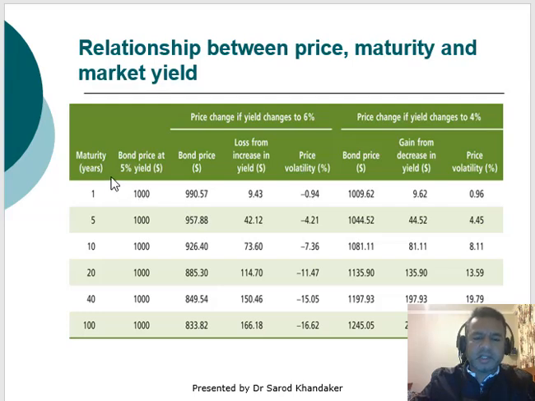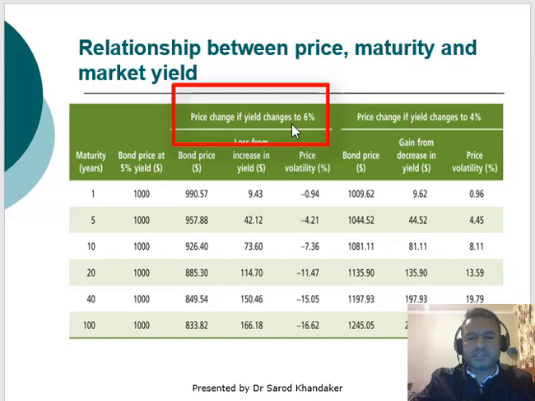On the left side, we're showing the maturity in years: 1, 5, 10. So these are the number of years. The bond price at the 5% yield is a fixed $1,000. Here the price changes if the yield changes to 6%. As we know, the bond price at 5% is $1,000.